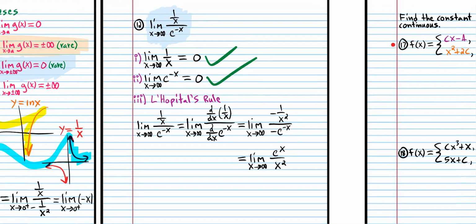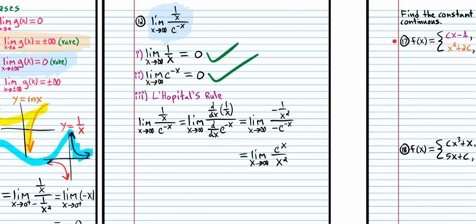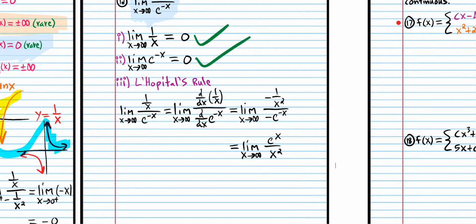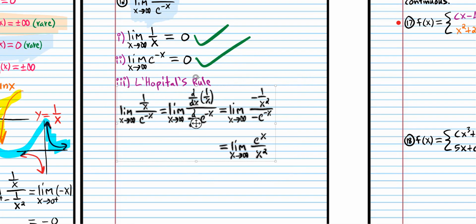But this expression is even more complicated than if we just simplified the complex fraction in the first place. So that's why you don't really see these types of problems, or you don't see these types of scenarios, because it's easier to deal with the problem rather than going directly to L'Hopital's rule.